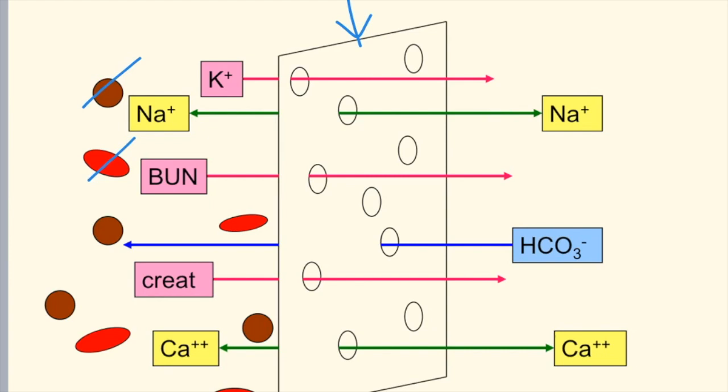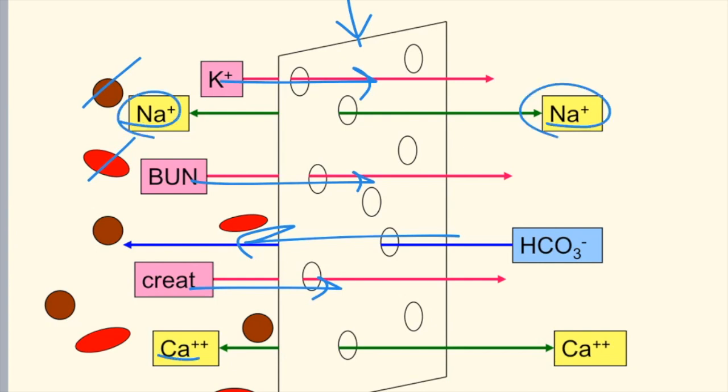The dialysate contains low to zero concentrations of solutes that are to be removed, like potassium, urea, and creatinine, and higher than normal concentrations of substances that are to be added to the plasma, such as bicarbonate. Solutes that do not need to change much in concentration during dialysis, like sodium and calcium, are present in the dialysate at physiologic concentrations.